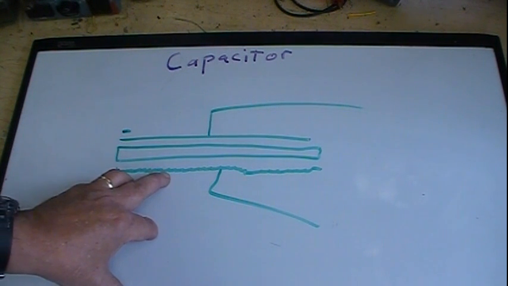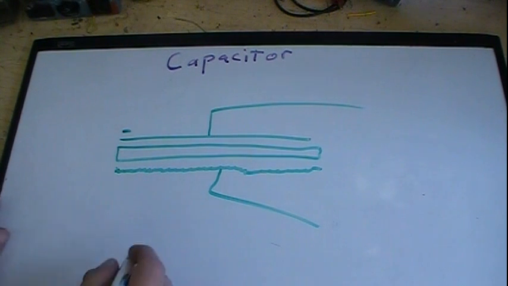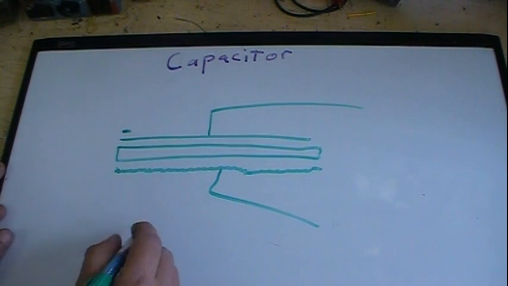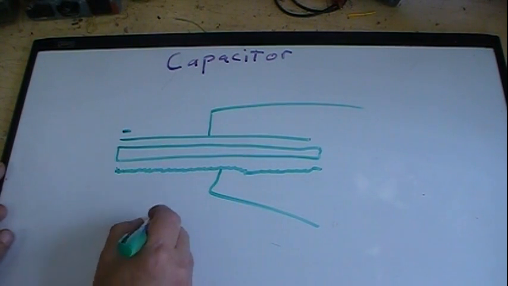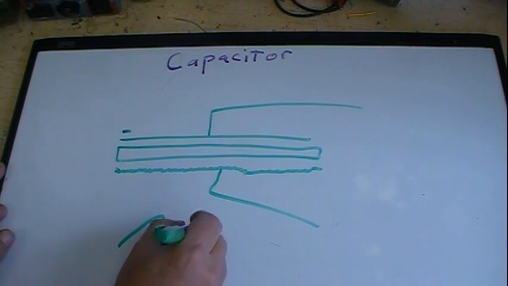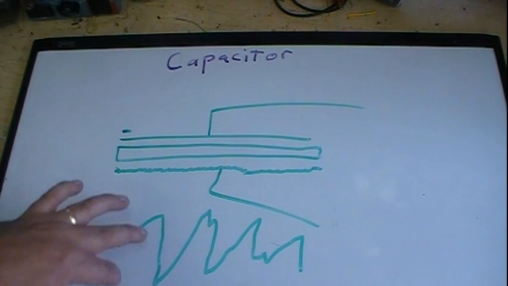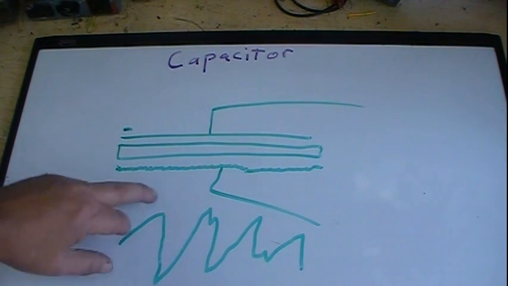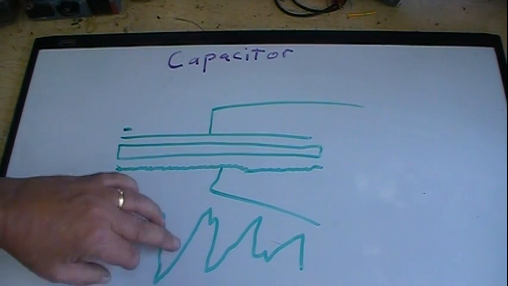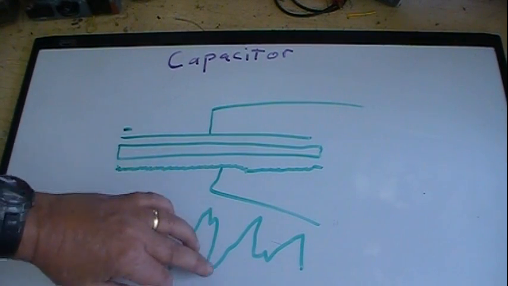And to gain more area, they roughen it up. So if you look at it real close, if you'd magnify it, it would start looking like hills and valleys and stuff like this. All this becomes the effective area.